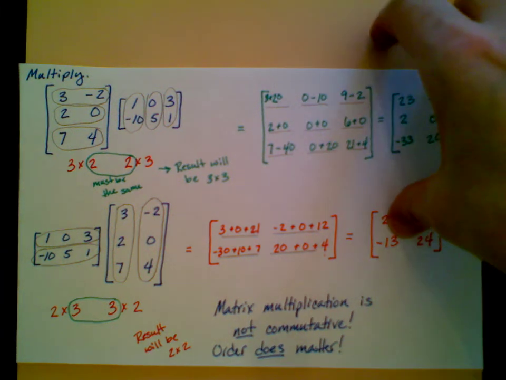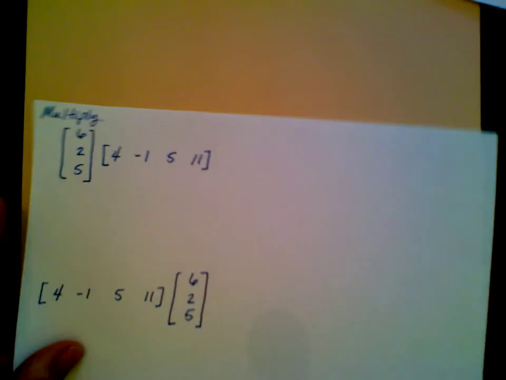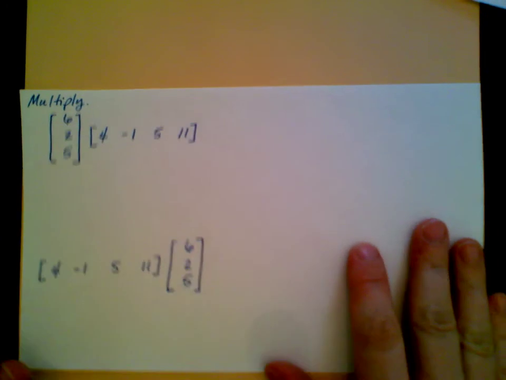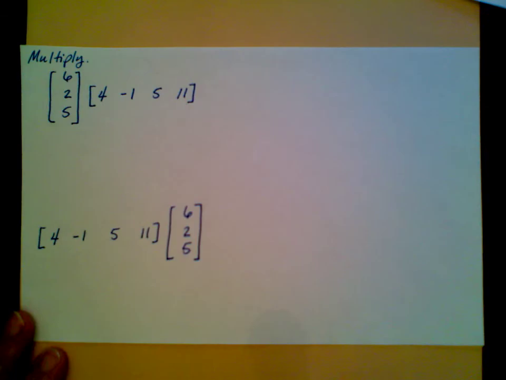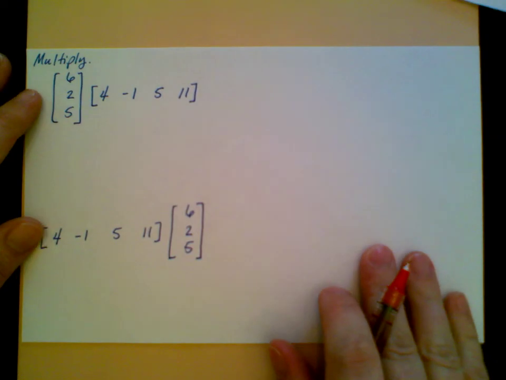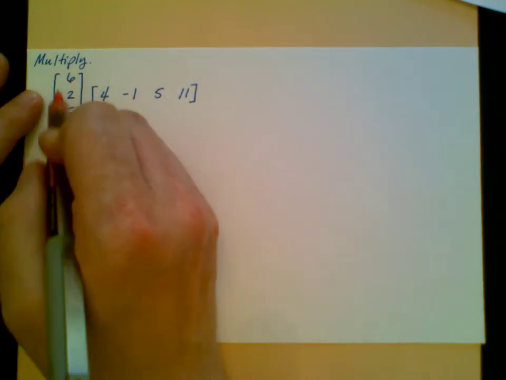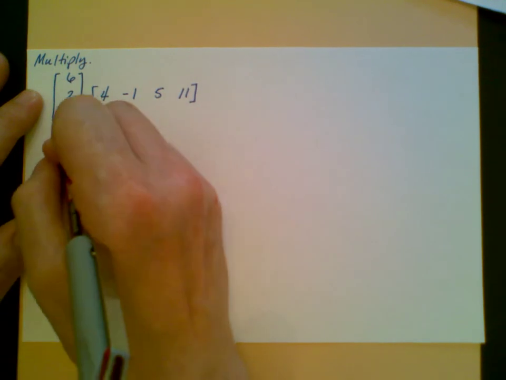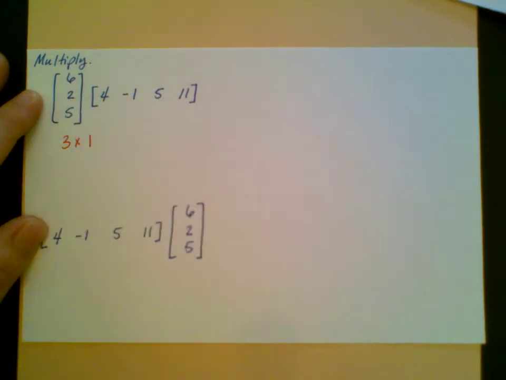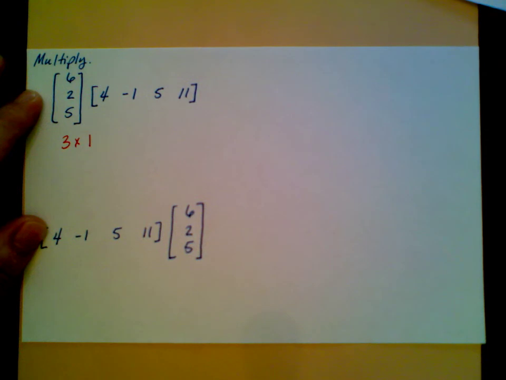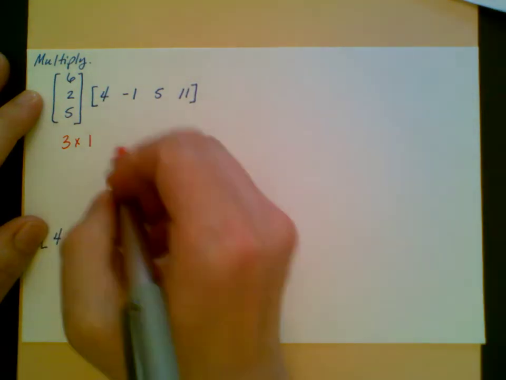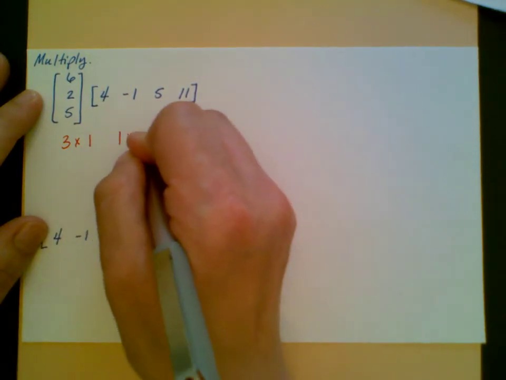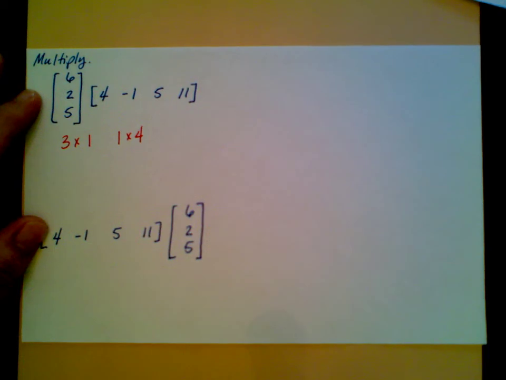So let's do a couple more examples. All right. Here we have a 3 by 1. So I've got a 3 by 1 matrix for my first one, 3 rows and 1 column, and a 1 by 4 matrix for my other one.